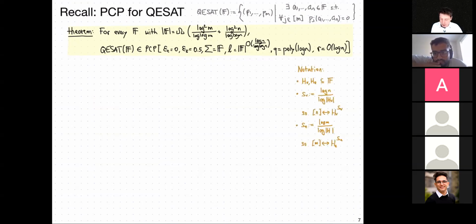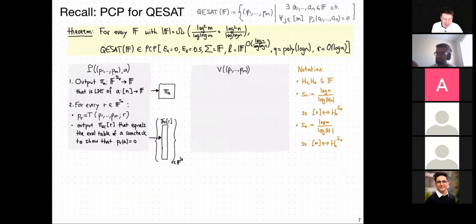The construction was pretty simple. It also relied on HV and HE, two domains associated to variables and equations that imply corresponding numbers of dimensions, SV and SE, so that you can identify the integers 1 through n and 1 through m, respectively, with HV to the SV and HE to the SE.